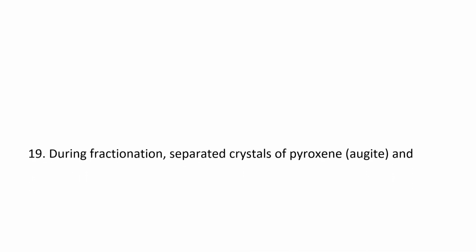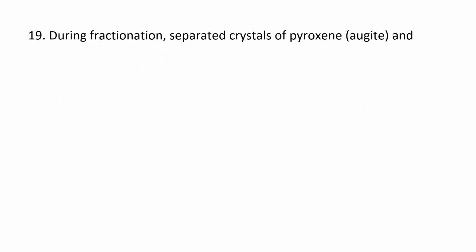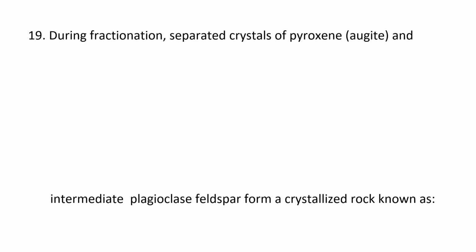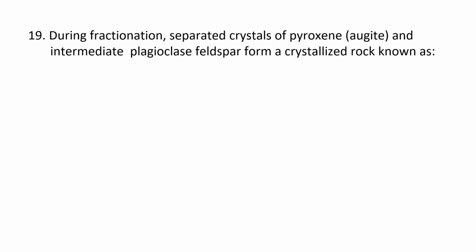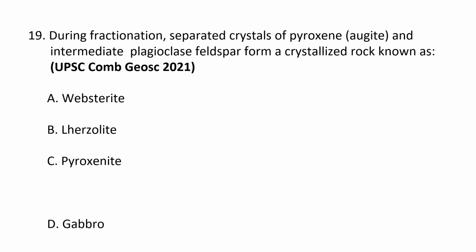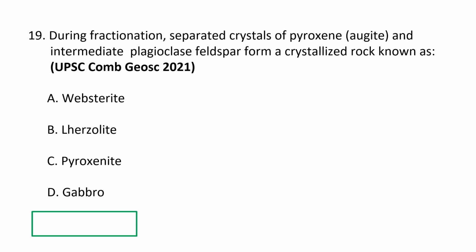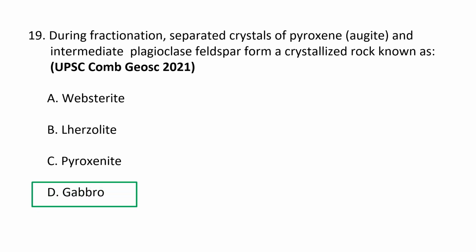Quartz monzonite. Next question. During fractionation, separated crystals of pyroxene, that is augite, and intermediate plagioclase feldspar form a crystallized rock known as A. Websterite, B. Lherzolite, C. Pyroxenite, and D. Gabbro. So the correct answer is gabbro.